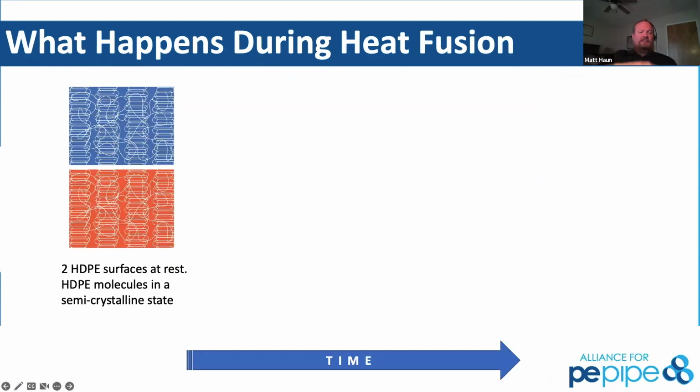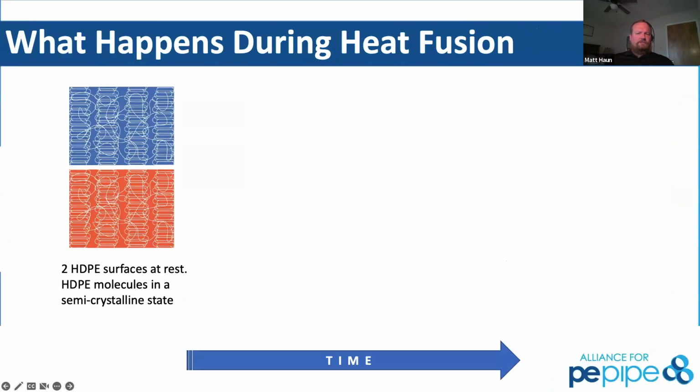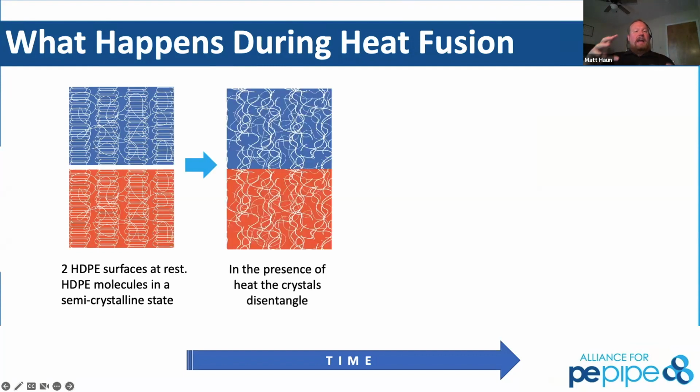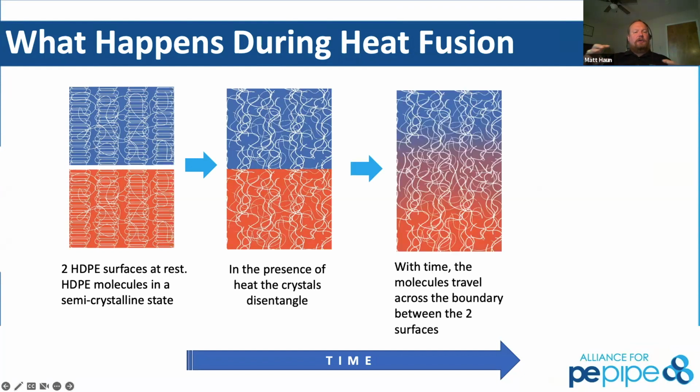What happens is you've got these two areas. Let's stay on that slide, please, real quick. So these two blue and red sections represent the two ends of pipe that you're going to bring together. So in the melted state, go to the next one, you're going to relax those crystalline structures within the polyethylene, and you're going to bring them together.